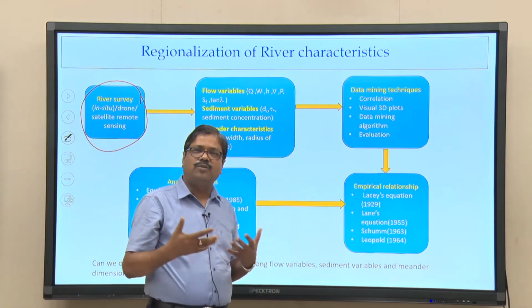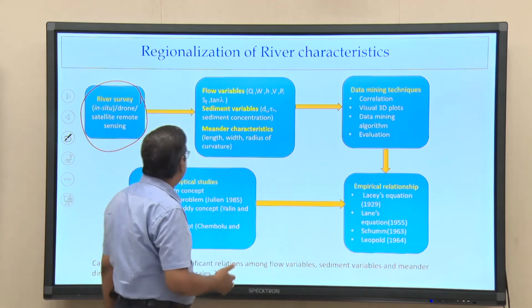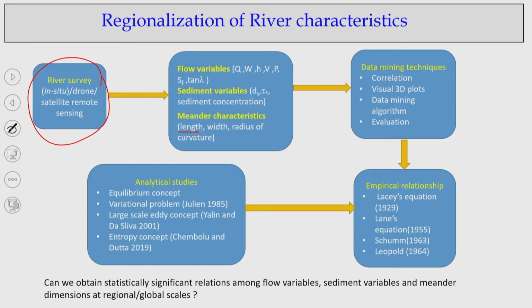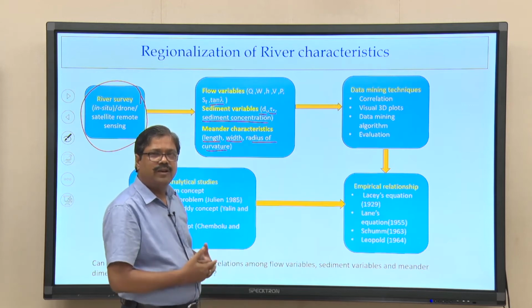Also, satellite imagery is used to know the bend characteristics in terms of river bend length, meander width, radius of curvature, and the streamline deviations in the river bend. The sediment characteristics like d_s, the silt number, and sediment concentrations, you either measure directly in the river, or we can estimate from other data when you have it.